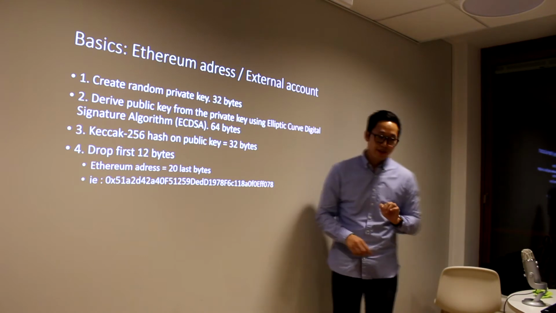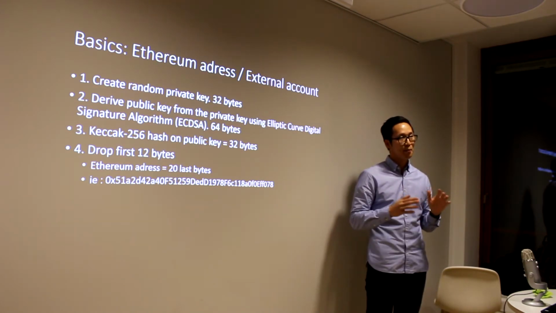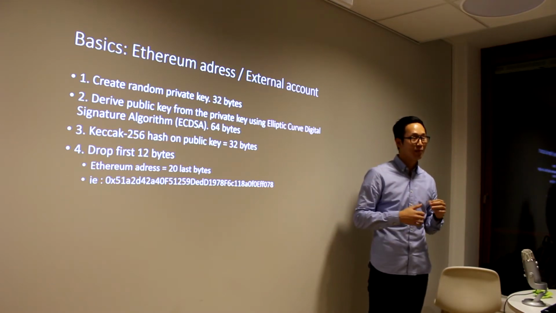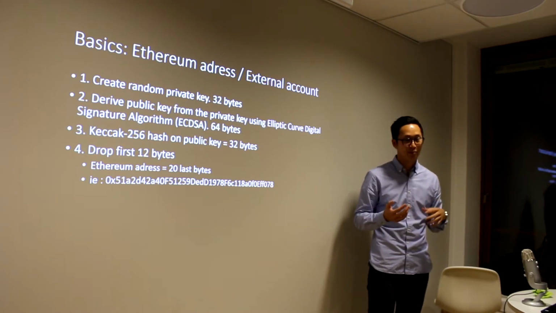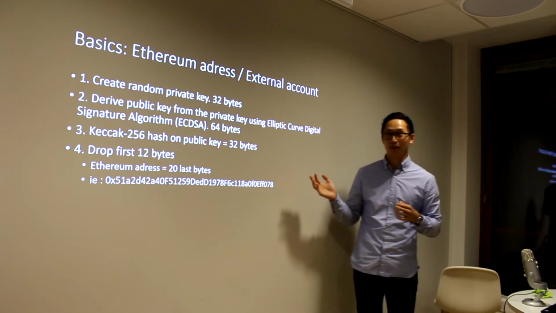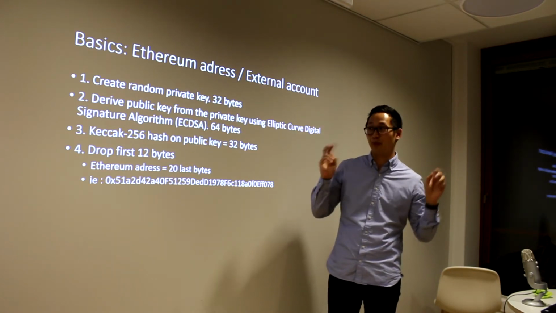So how is an Ethereum address created? It's many steps, actually. You can read the yellow paper on how to create an Ethereum address, but I think of it in 4 steps to understand it a little bit.